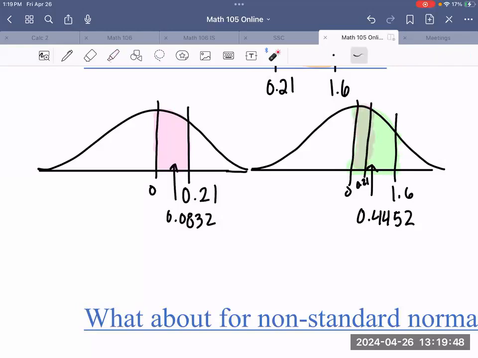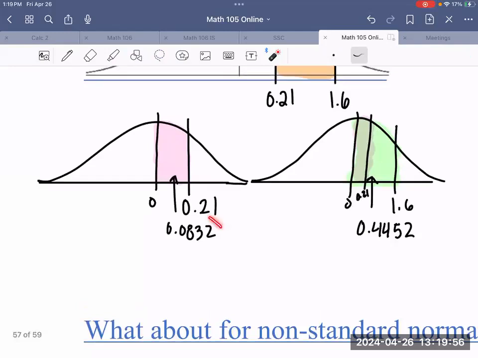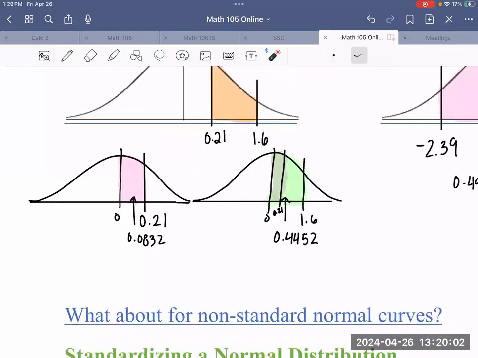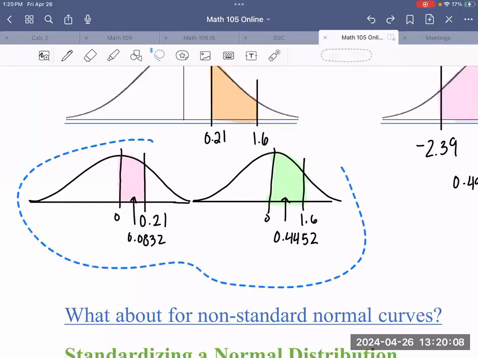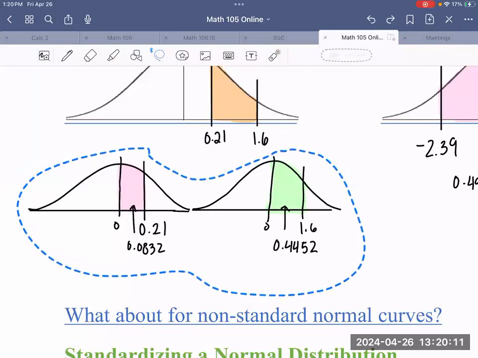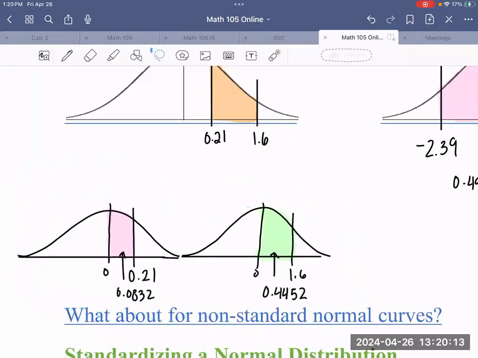So that pinkish part is found within it. So in order to get between these two values, we overinflated by a certain probability. We overinflated by exactly 0.0832 amount. So that means when we go to talk about your probability, when they're on the same side, we're going to subtract out the smaller of the two values.